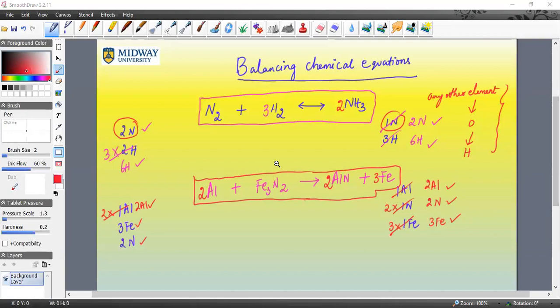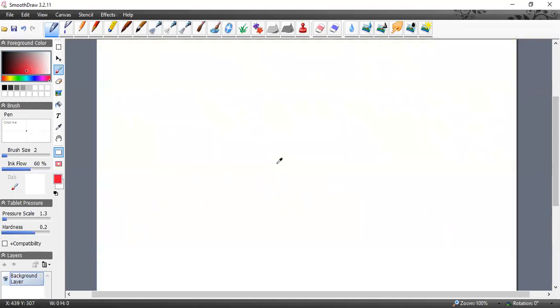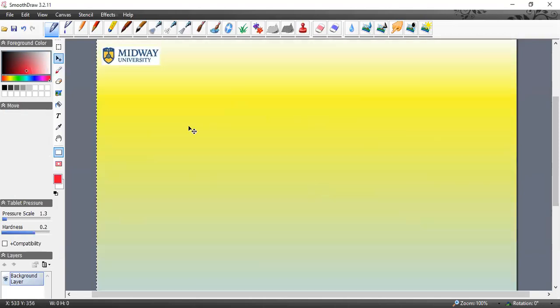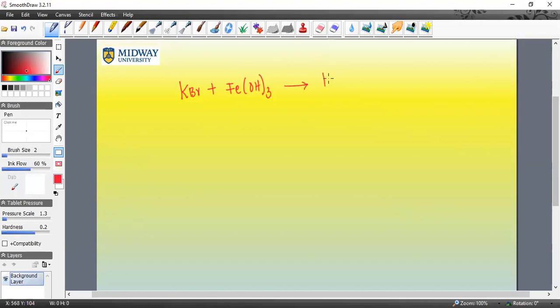So KBr plus FeOH3. Okay, let me actually delete this screen and get a new screen in. Let's say I give you something like this. So far what we've looked at is just basically skimming the surface. Let's say I give you this.